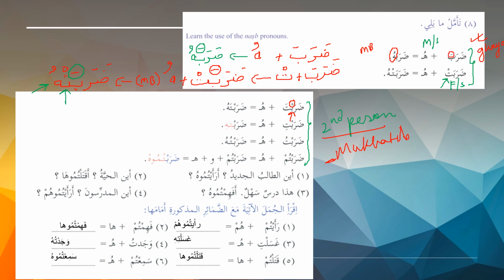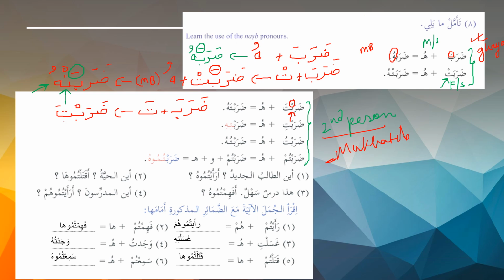Even though it was attached with the damir and the ta tanis, the ba had a fatha over it. But the moment it is attached in the mukhatib, the haraka of the ba changes to sukoon. So the moment you add the fil ba plus ta, the damir from the male singular mukhatib, what happens? The haraka of the ba changes. Darabta.